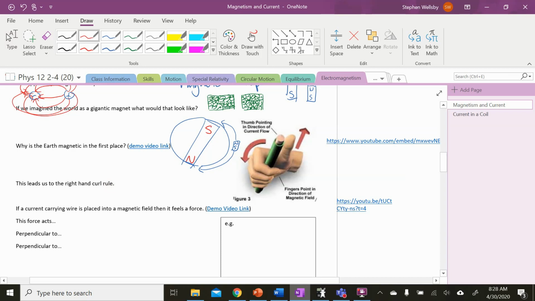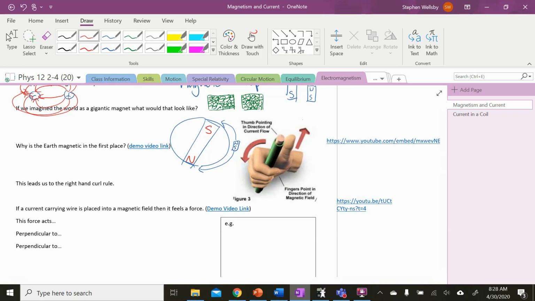So the first right-hand curl rule is what's shown in this picture here with the thumb and with the wire. If we want to know the direction of the magnetic field, we would wrap our hand around the wire and point our thumb in the direction the current was flowing.